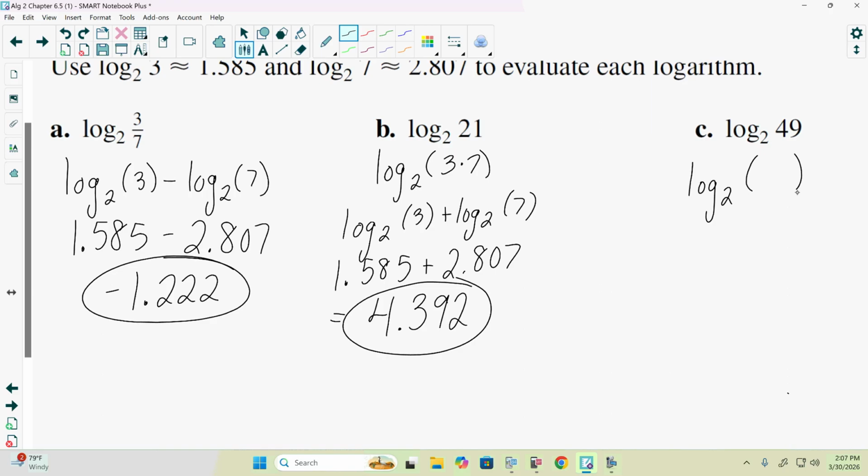Using product, quotient, or power, how can we get to 49 with 3 and 7? 7 times 7, or 7 squared. We don't even need 3 for this one. Power property says we can move the exponent to the front, telling us that we have 2 times log base 2 of 7.